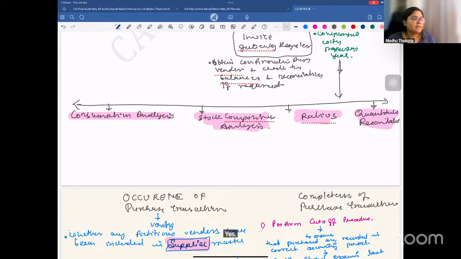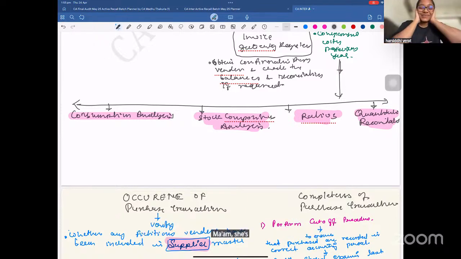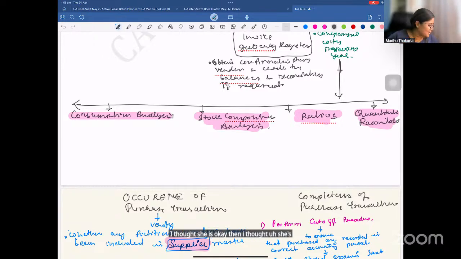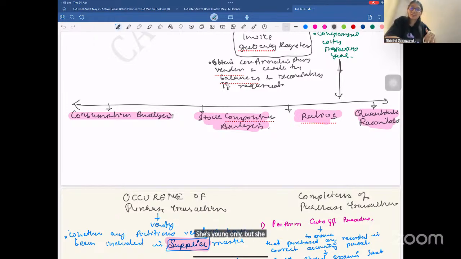How old is your sibling, Harsiddhi? Can she study for CA from now? Ask her to sit in the class with you. Ma'am, she's doing actuaries. Okay, then I thought she was quite young. She's young only, but she's 2 years younger.